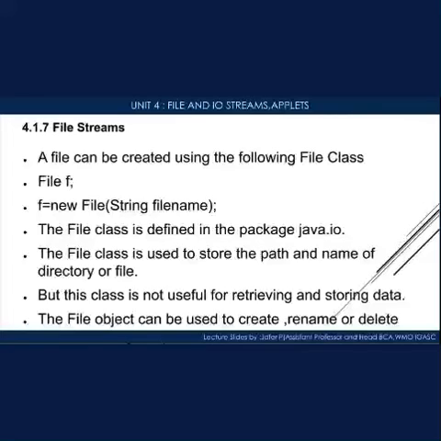If you want to specify the name of the file, you have to specify it in the constructor. So here you can say f is equal to new File(String fileName).